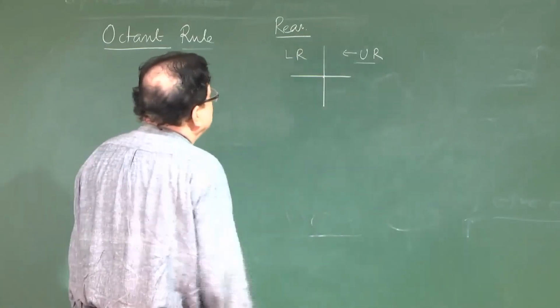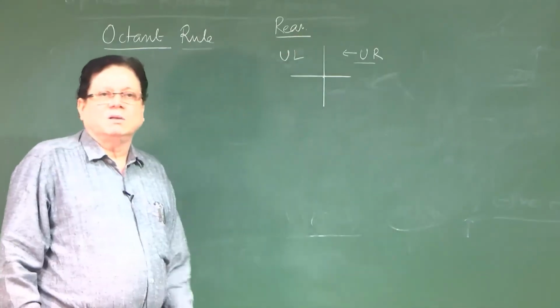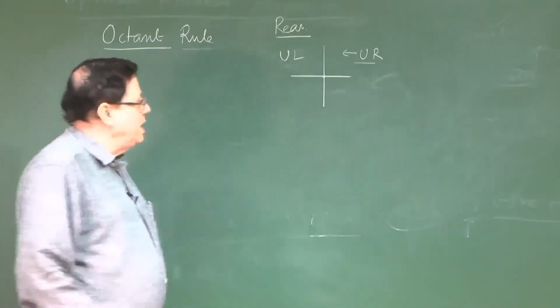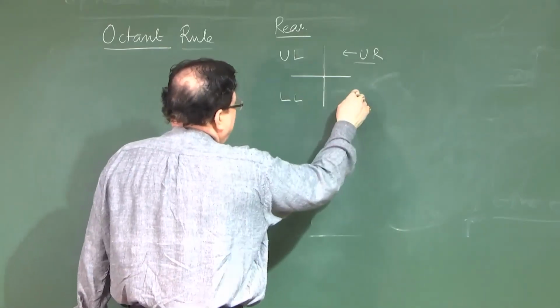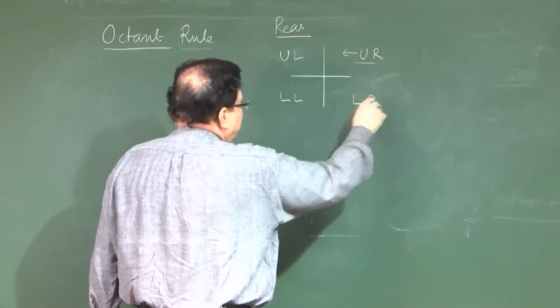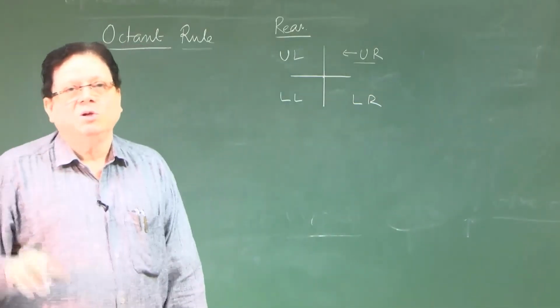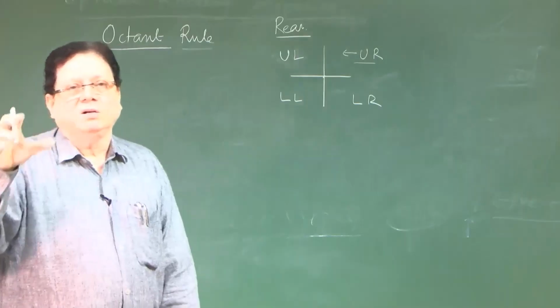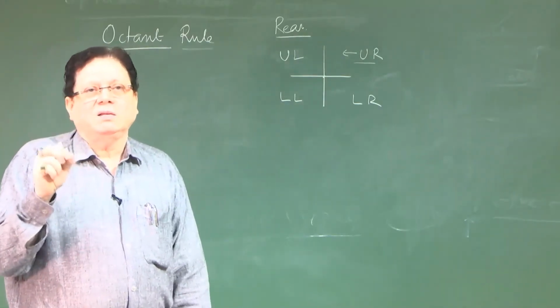Sorry, this is upper left, it is still on the upside, but on the left side. This is lower left and this is lower right. So, this is how the spaces are named. You have 4 rear octants: upper right, upper left, lower right and lower left.